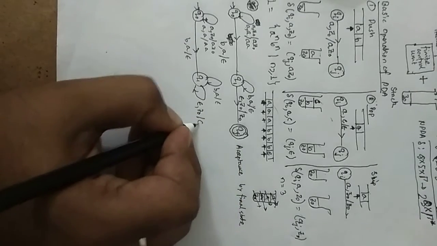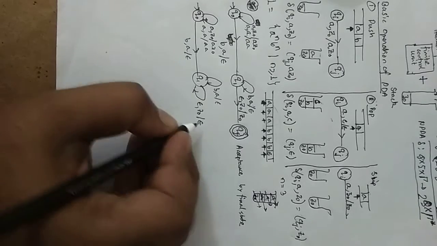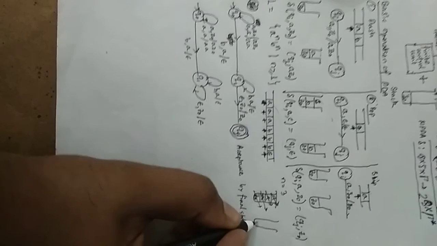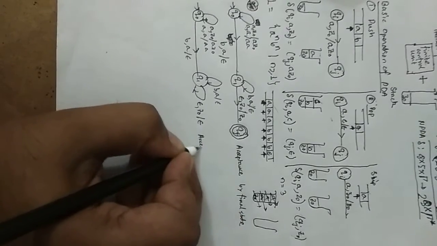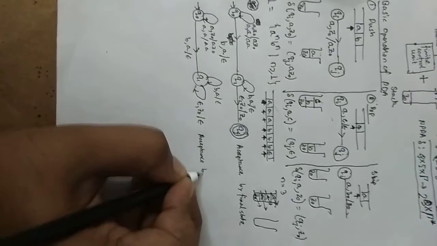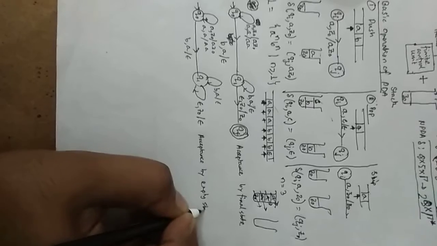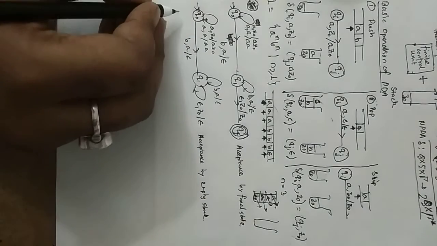It is this one, epsilon, that is empty. So now the stack is completely empty, so it is called acceptance by empty stack.